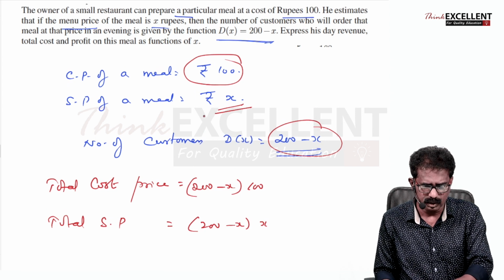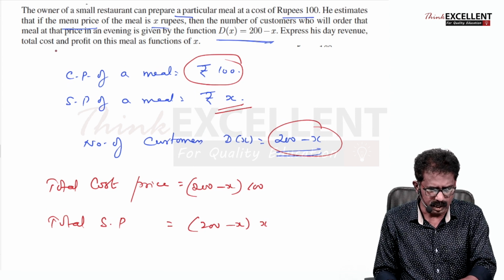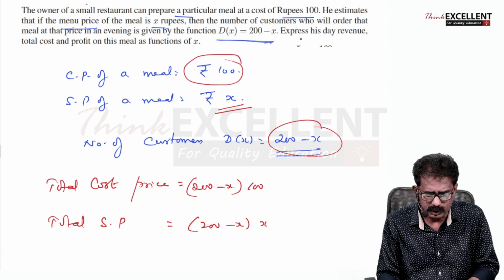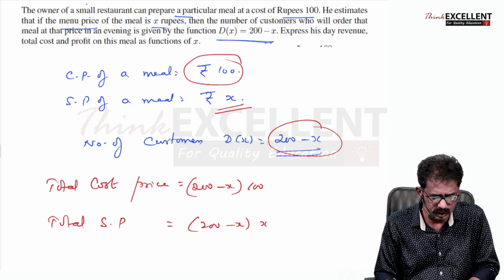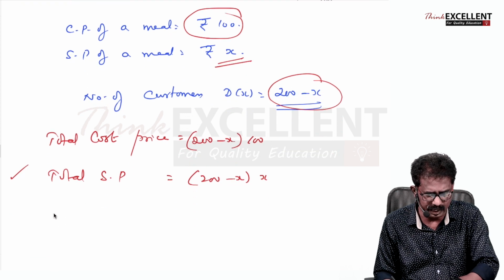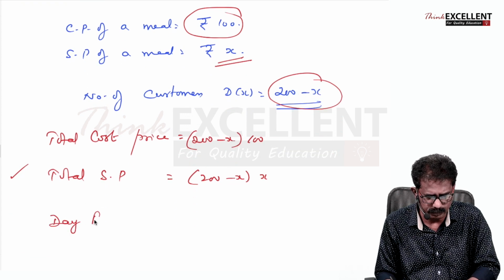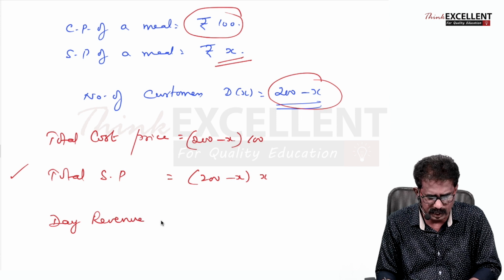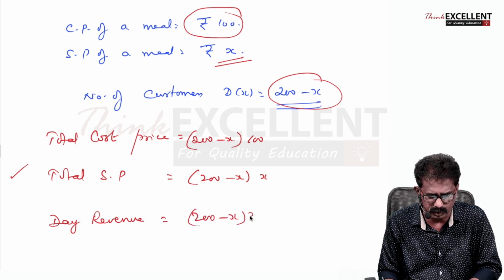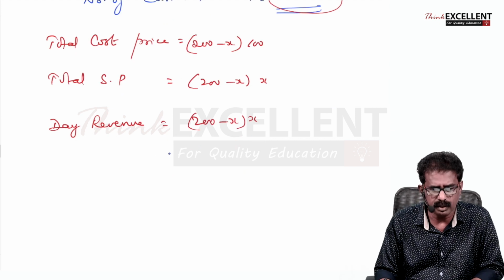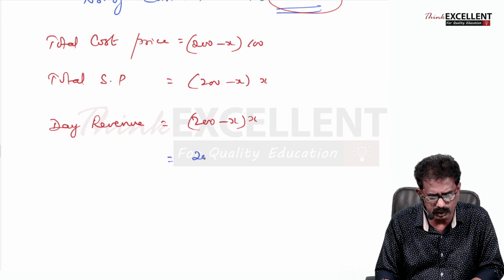What did they ask? Express his day revenue. So day revenue means total selling price. Totally how much he gets? 200 minus x into x. If you want, you can multiply and write. So 200x minus x square.